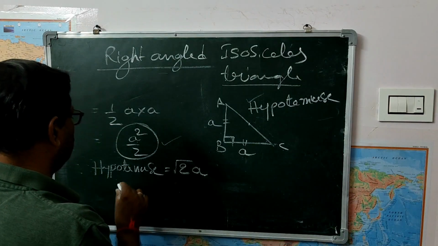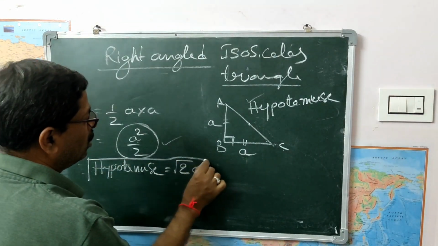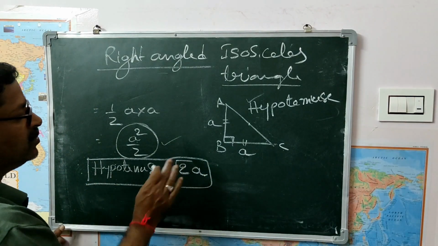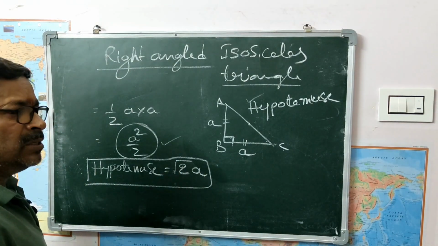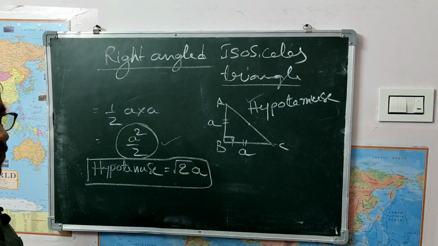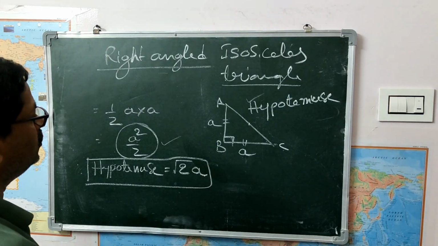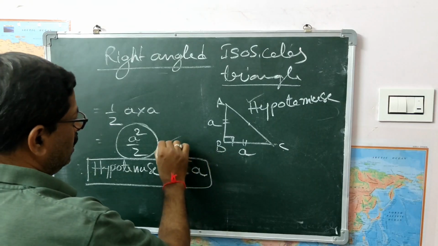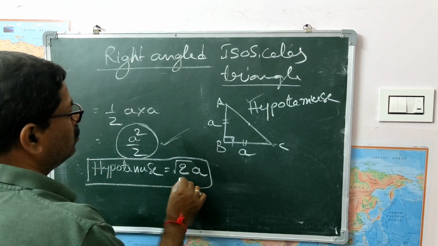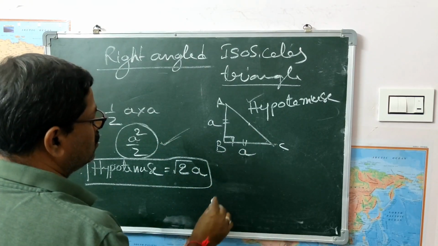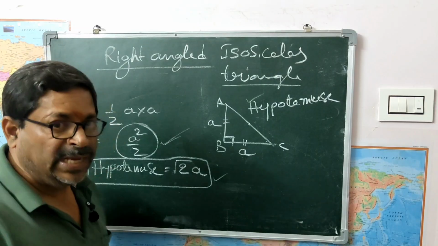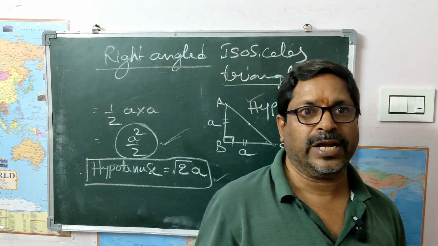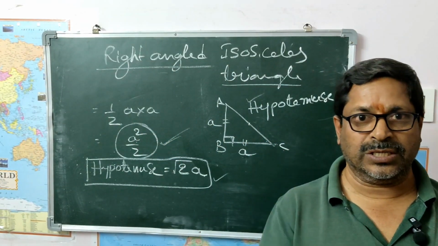I give you the formula, and how to derive it we discuss in other videos. The video becomes lengthier. Just understand the area of the right-angled isosceles triangle and its hypotenuse. So these are the kinds of triangles we discussed.